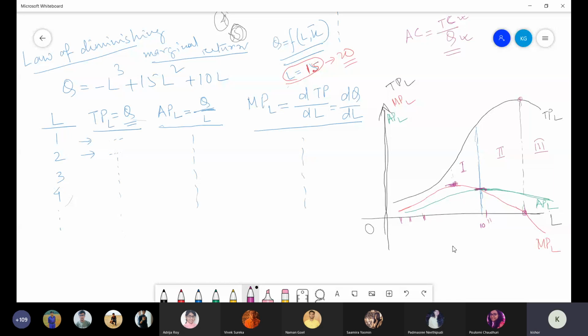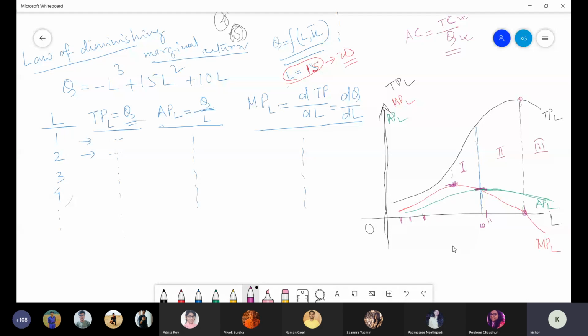How can you solve it? I can tell you how you can solve it. Because this is the maximum unit, technically speaking, it is the point where first stage is ending and second stage is beginning.